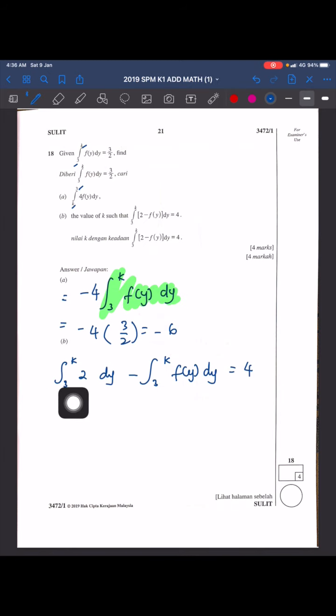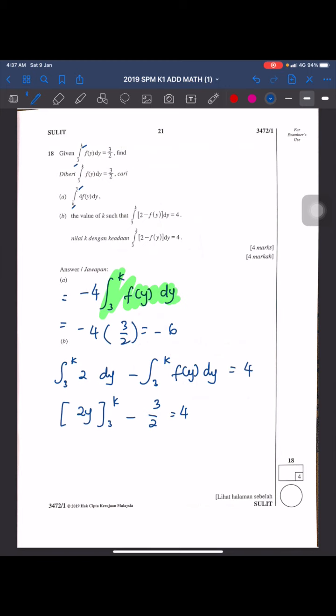So the first part we integrate as usual. So 2y from 3 to k. The latter part actually already has an answer, it is given in the question. So minus 3 over 2 equals 4.